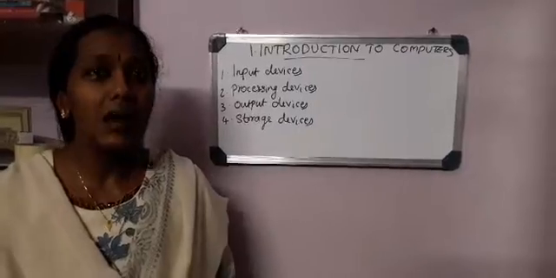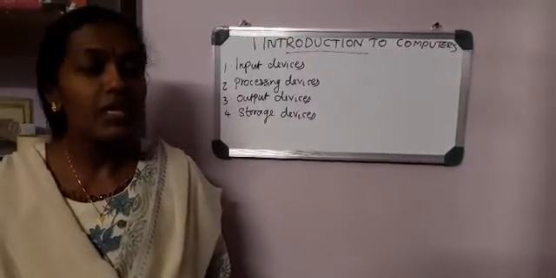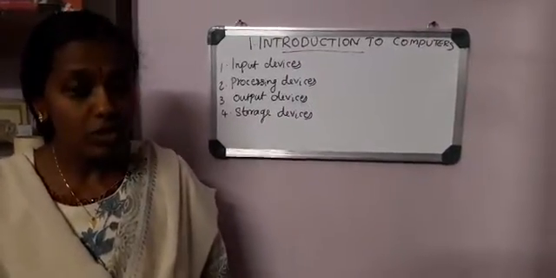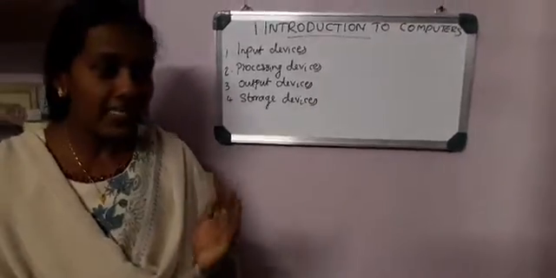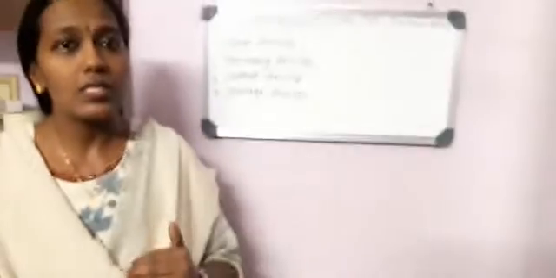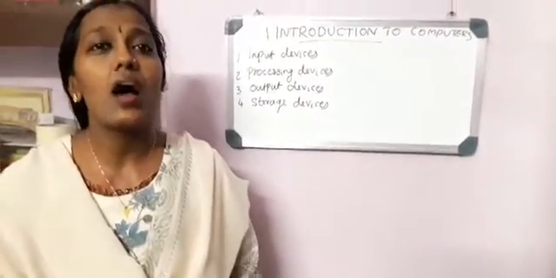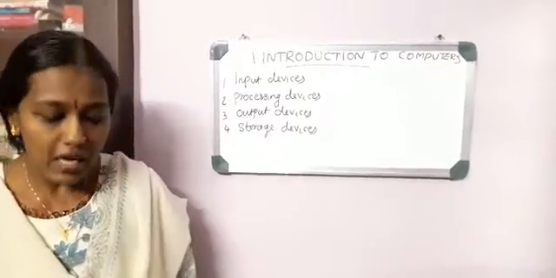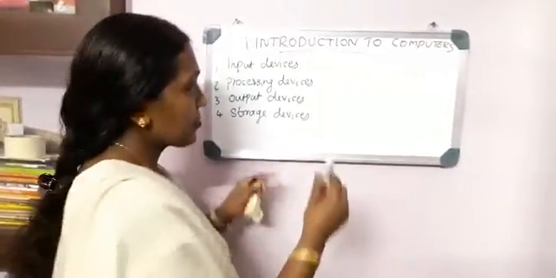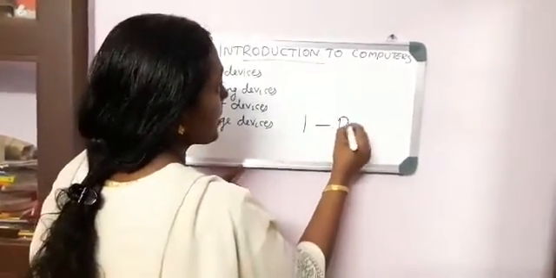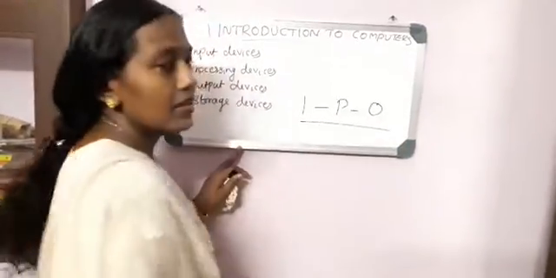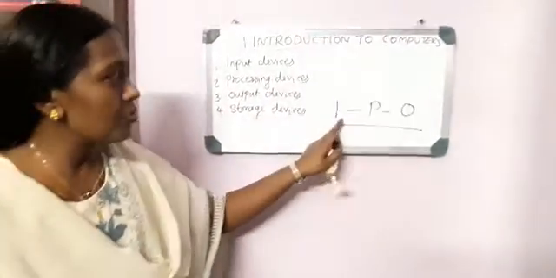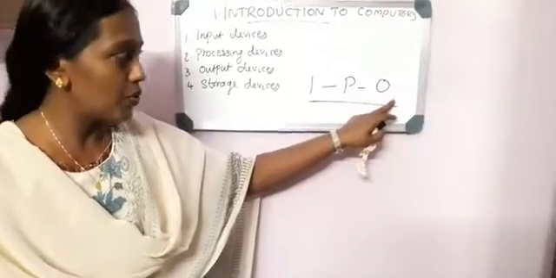Children, what is the definition of a computer? A computer is an electronic device which accepts data through the input devices, processes it and displays the output through the output devices. A computer follows the IPO cycle, meaning input, process, output.